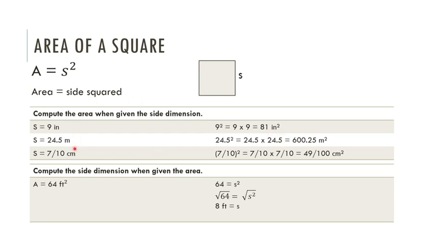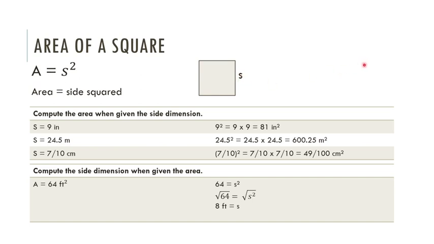I've got some examples here that are in decimal and fraction form. You're basically just plugging in those amounts into the formula, and when you're squaring, you're basically multiplying that number to itself 2 times.